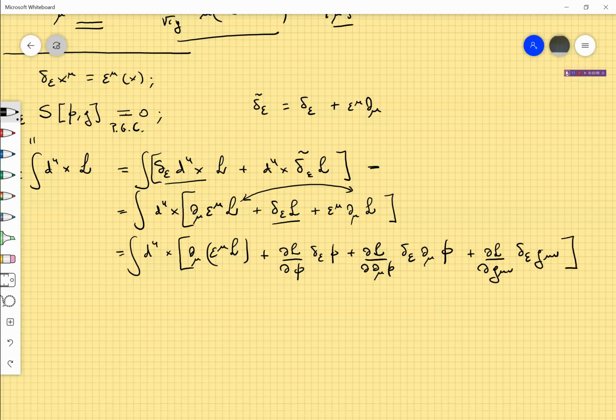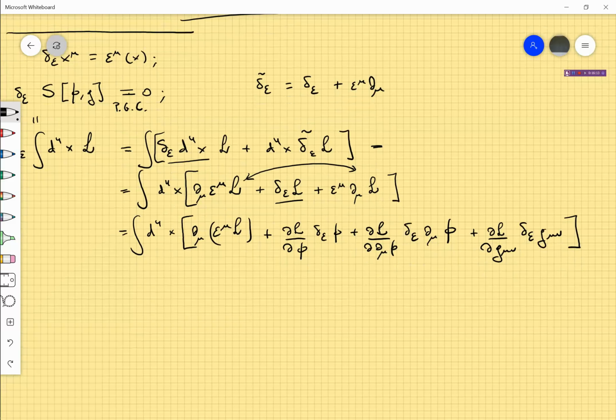Okay, and I don't need the partial derivatives of L with respect to partial derivatives of g, because at least in this case that we are considering, which is the scalar field theory, there are no covariant derivatives, so there are no connections, and then no partial derivatives of g. Otherwise, I would have to take care of that as well.